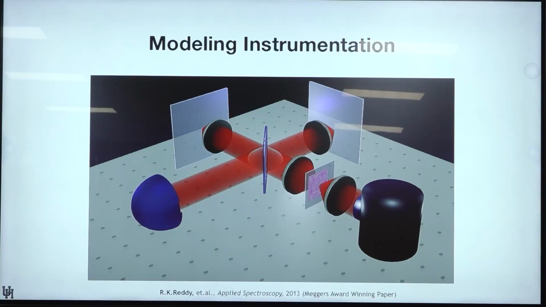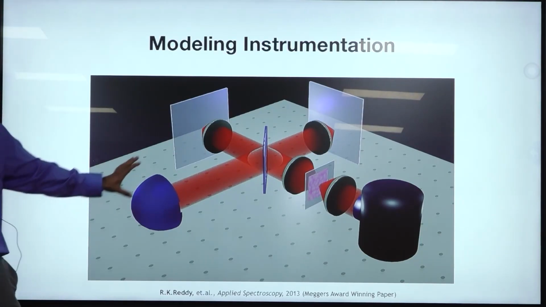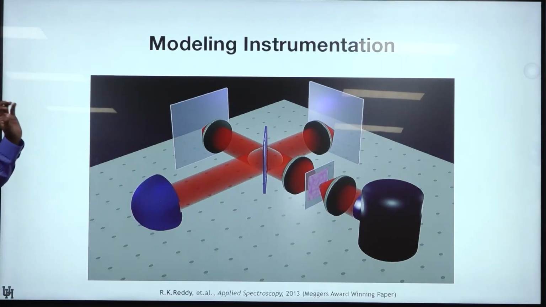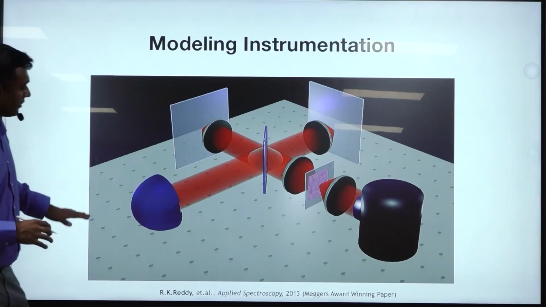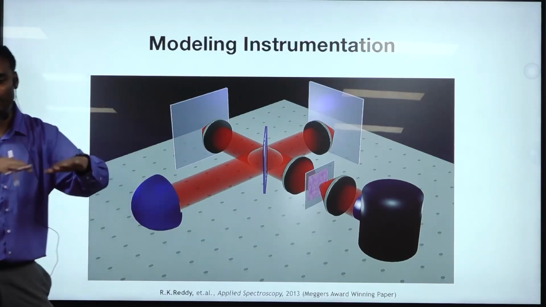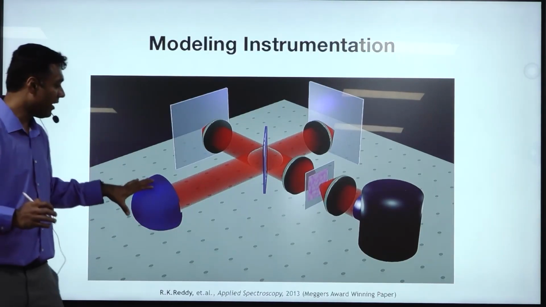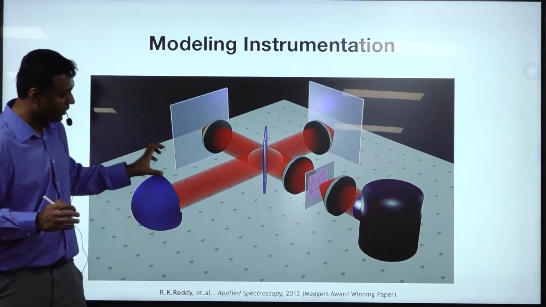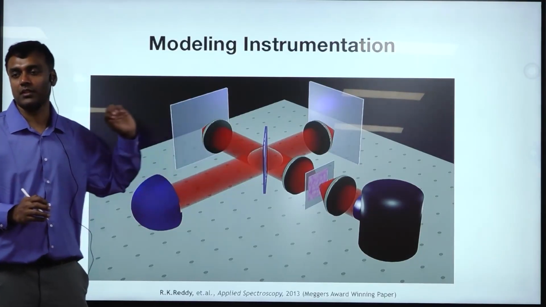Okay, so the basic idea behind this way of analyzing things is you make a good strong connection between theory and experiment. What do I mean by that? So let's say you have an optical table, meaning a table where you are setting up the instrument, and you put one component after the other component after the other component.